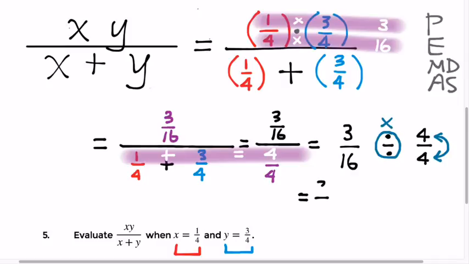Multiply by the reciprocal. 3/16 times, well, this fraction happens to not change when we flip it upside down. In fact, what is 4/4? Yeah, why don't we just simplify that before we move on? Right? 4/4 is just 1. And what's 3/16 times 1 going to be? 3/16. There we have it.